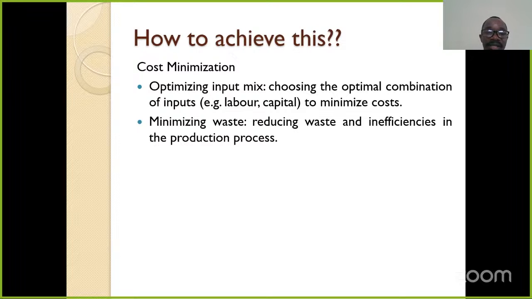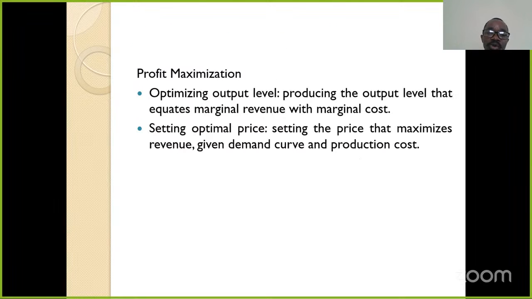By doing the two, businesses can actually minimize the cost. And by optimizing the output level, businesses can achieve profit maximization, thus producing the output that equates the marginal revenue.